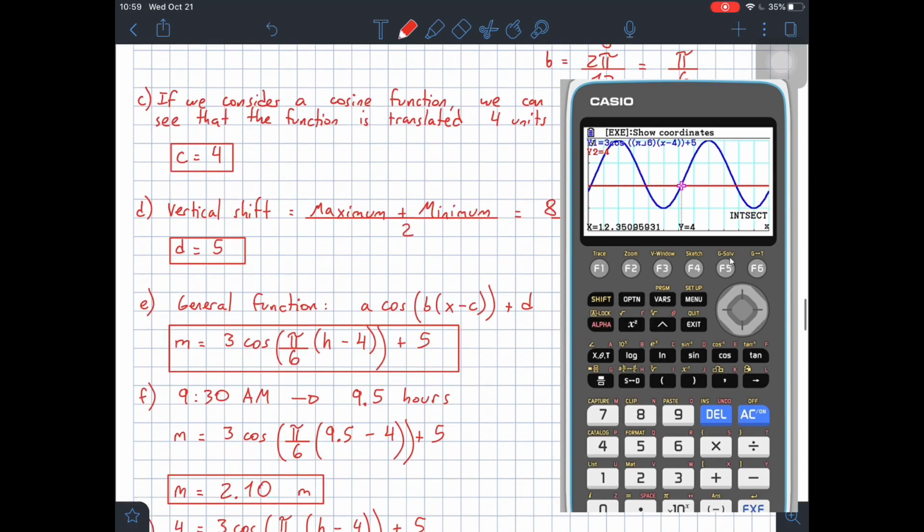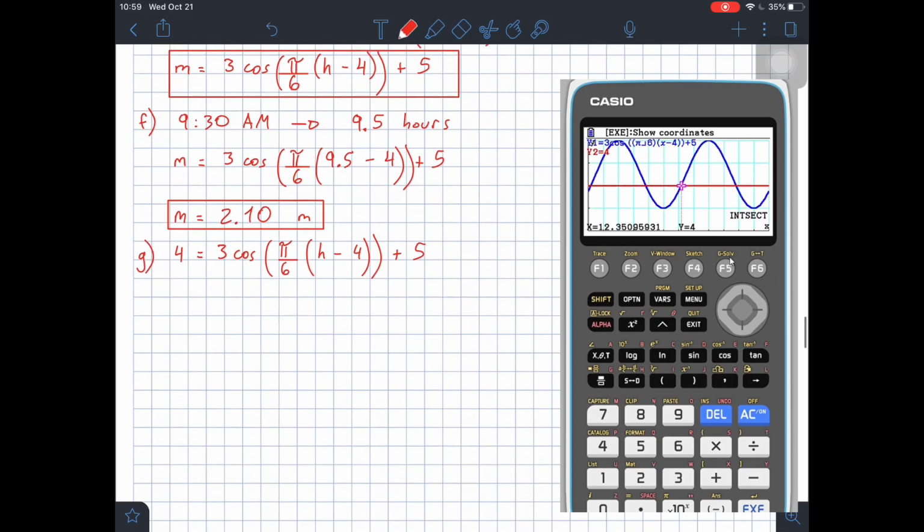So, let me write the steps here. Using GDC, graph both functions, and then find intersection points.